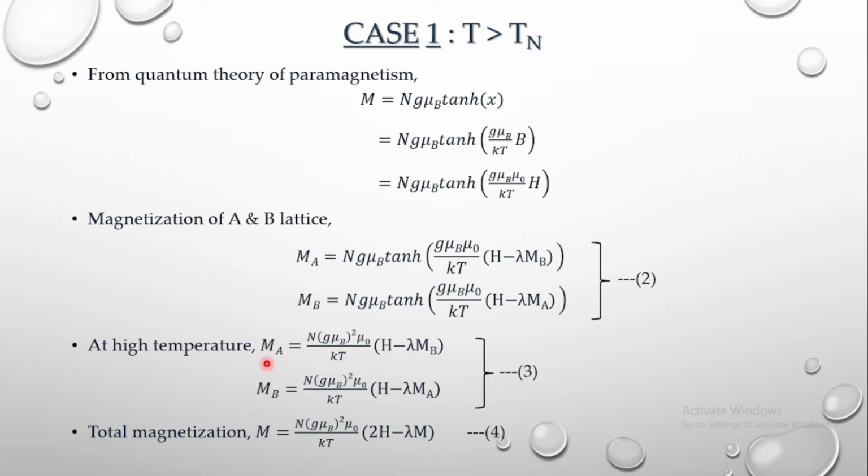But if we need the total magnetization, then we just need to sum these two magnetizations. That is, MA plus MB will give us M, which will be equal to N into g mu B whole squared into mu naught by kT, which is constant. And when you add this, it is 2H minus lambda into MA plus MB, and MA plus MB is nothing but M itself. Let the total magnetization equation be equation number 4.